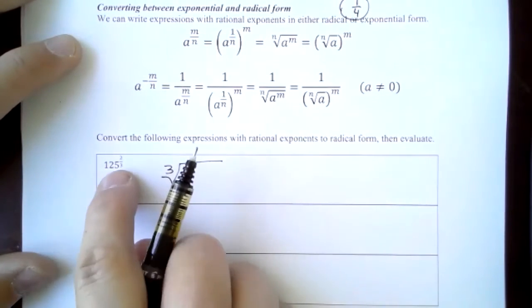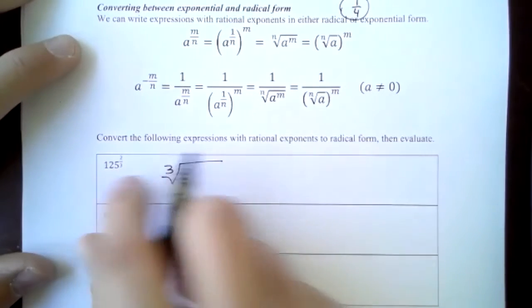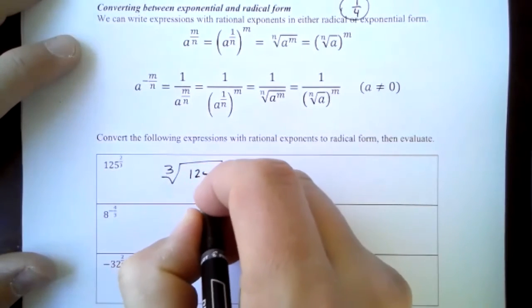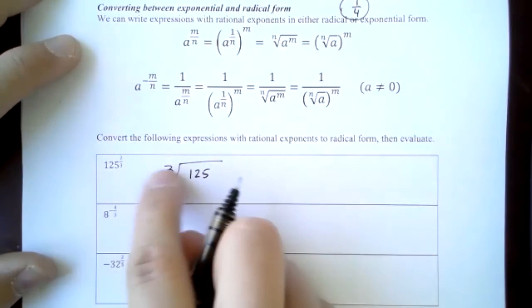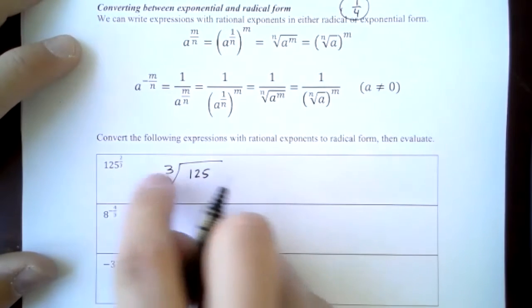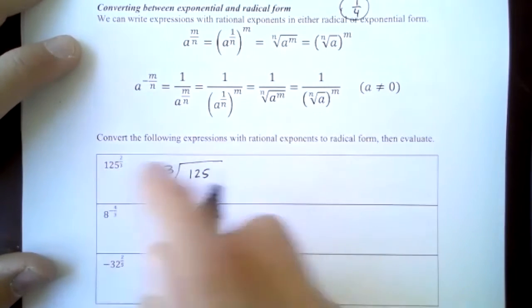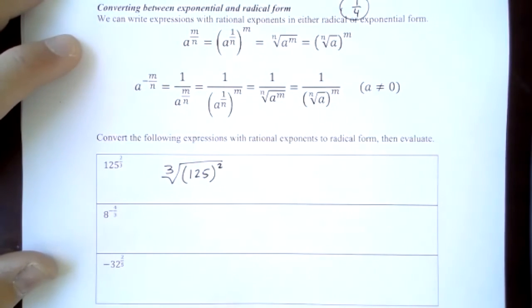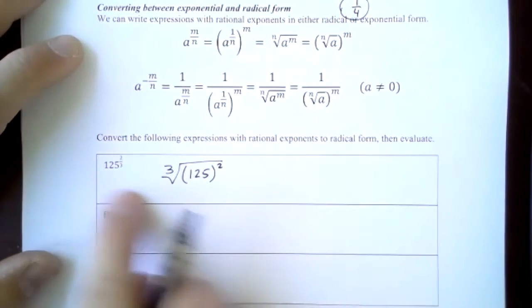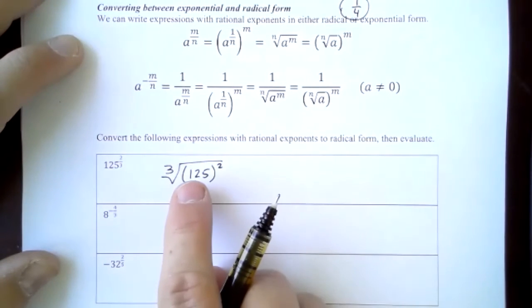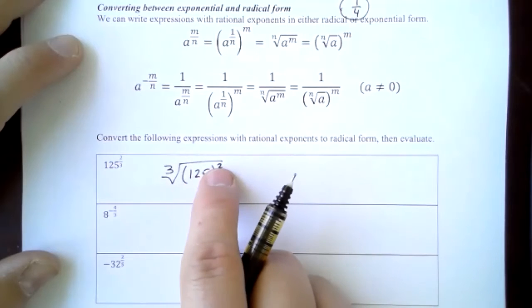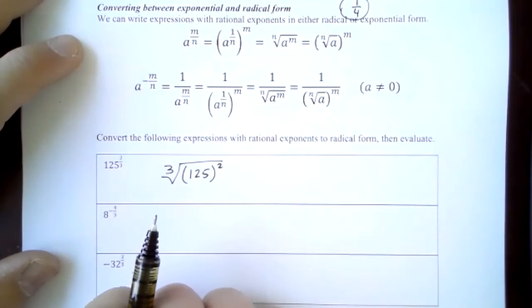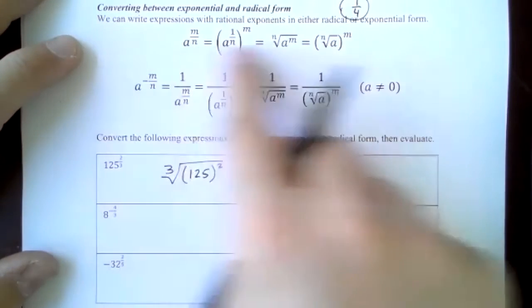But what is it a cube root of? It's a cube root of 125, so it's going to go underneath the radical. But what about this 2 here? This 2 is nothing more than just squaring what's under the radical. So you could say 125 to the 2/3 power.